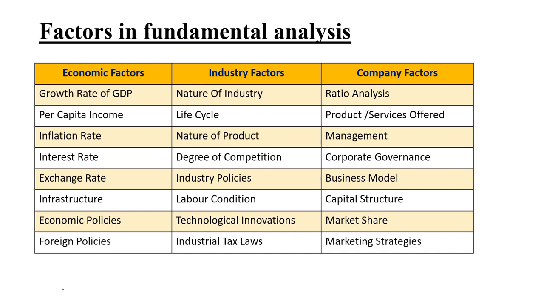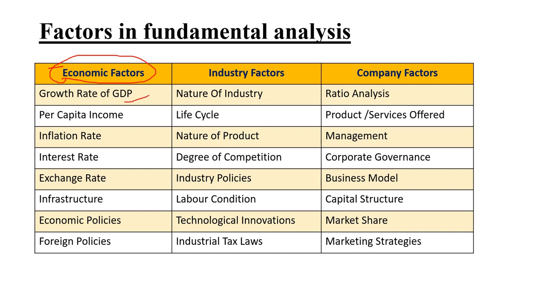These are the factors which affect the total profitability of the company at different levels, like economic, industry, and company. First, economic factors. First we'll see the different economic factors. The first one is the growth rate of GDP.